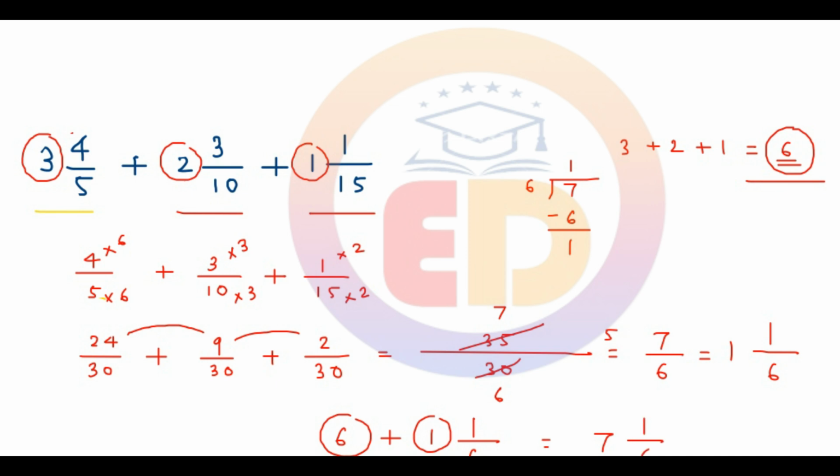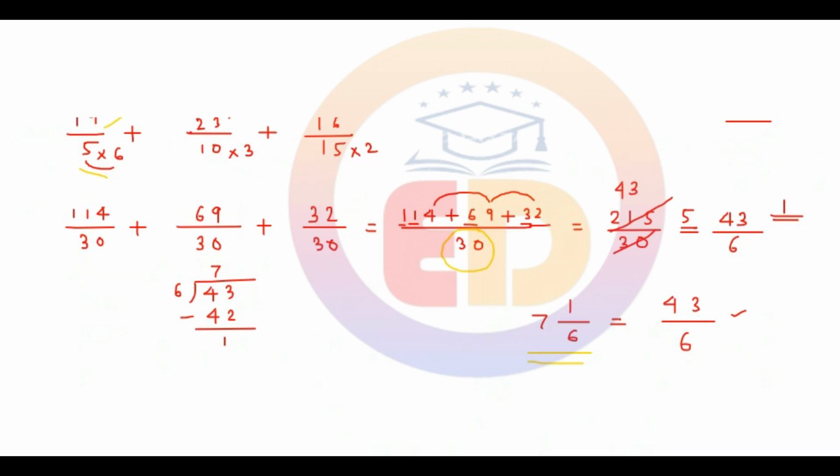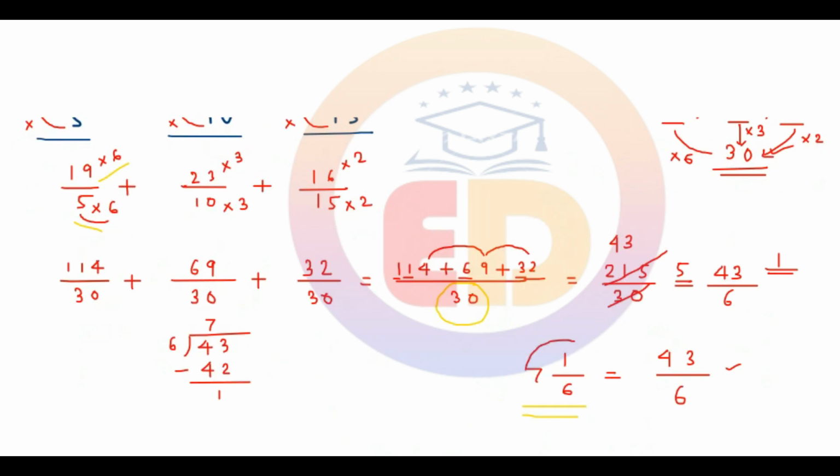Write down the fraction part 1 by 6, add the whole number part 6 plus 1, which becomes 7. The answer is 7 whole 1 by 6, which was the same answer I received earlier.